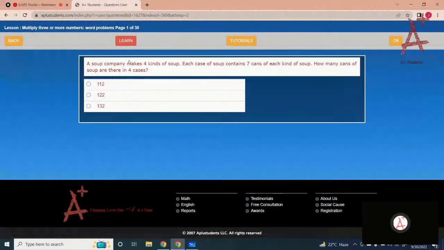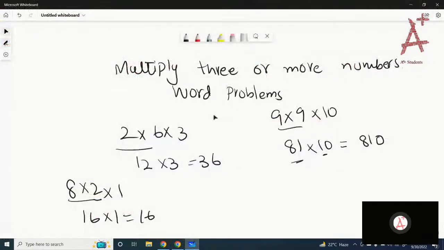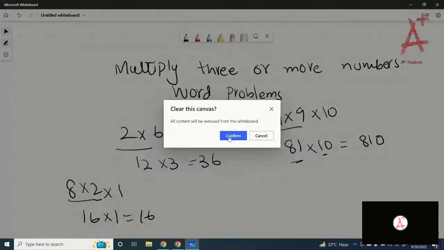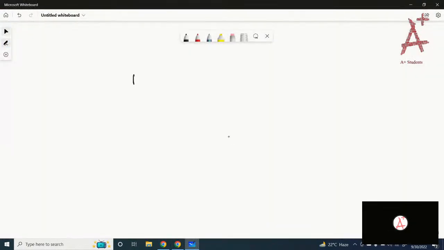Okay, the first one is, a soup company makes 4 kinds of soup. Each case of soup contains 7 cans of each kind of soup. How many cans of the soup are there in 4 cases? So you have three numbers, you have to multiply them, 4 times 4 times 7.